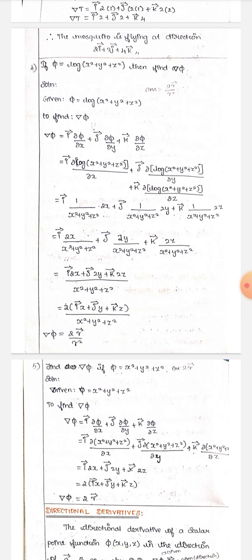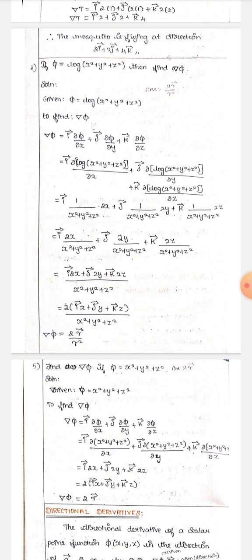So same concept, i vector of differentiating the log of this value gives 1 by x square plus y square plus z square, into, by using the chain rule, the differentiation of x square, which is 2x. Plus j vector of 1 by x square plus y square plus z square into 2y, differentiating with respect to y.